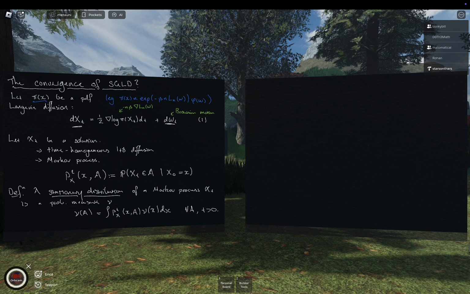So basically what this is saying is that if we start distributed according to the stationary measure nu, then that distribution doesn't evolve over time. The distribution of x of t at time t remains as nu.